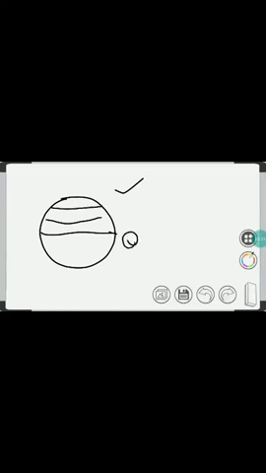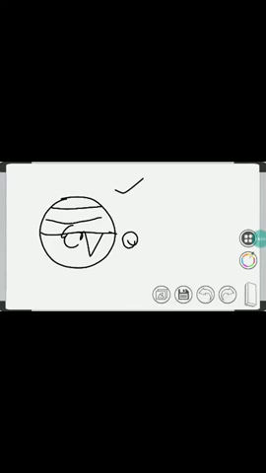Starting from 0 degree at the center, it goes to 90 degree north at the North Pole, and in the same way 90 degree south at the South Pole. So latitudes vary from 0 degree at the central part, that is at the equator, towards the North Pole and towards the South Pole.